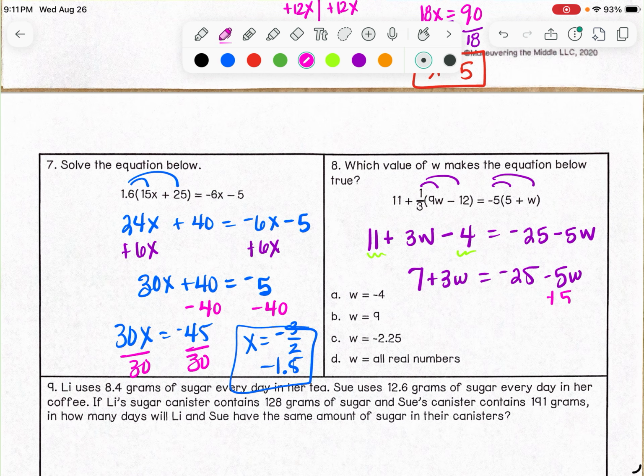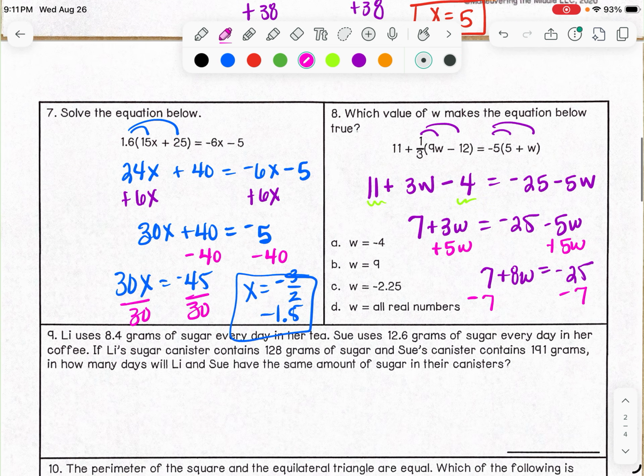Going to add 5w, so I get 7 plus 8w is negative 25. So I would subtract 7. So 8w is negative 32. And then I'm going to divide both sides by 8. Oh, that is not a nice pen color. I get negative 4. So that's number 8.